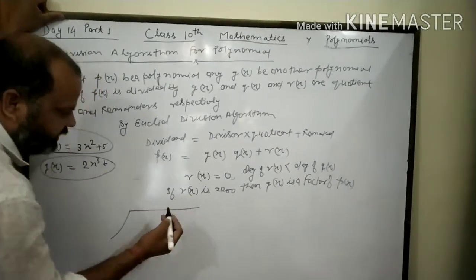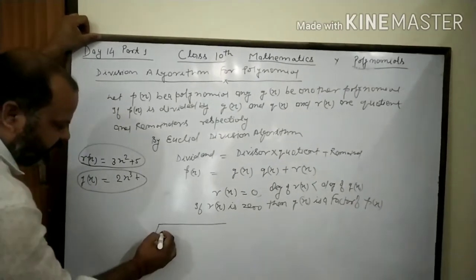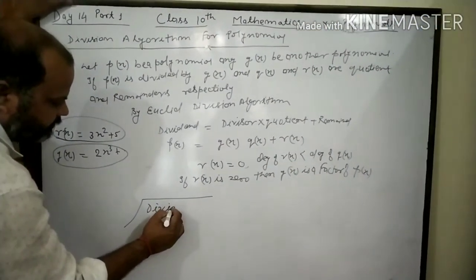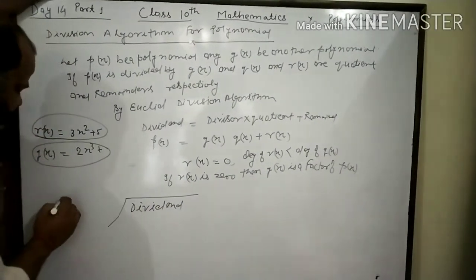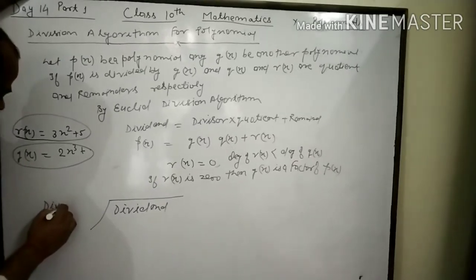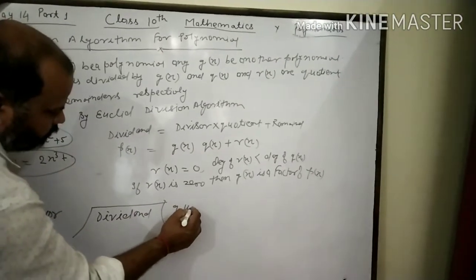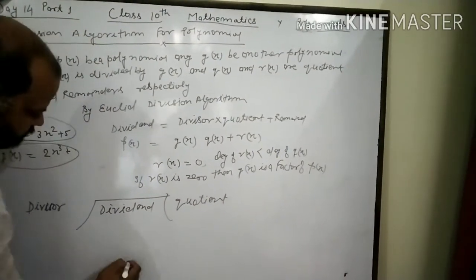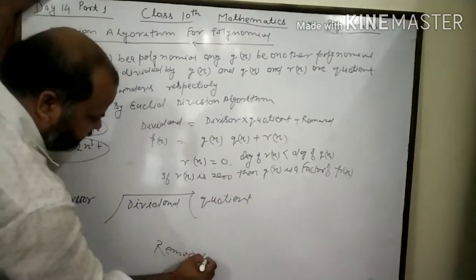See here one more thing: where is the dividend and where is the divisor. Here we have dividend, divisor, quotient, remainder.